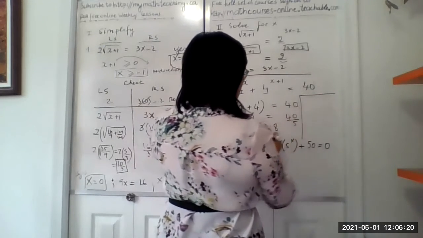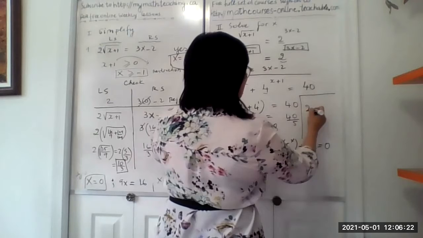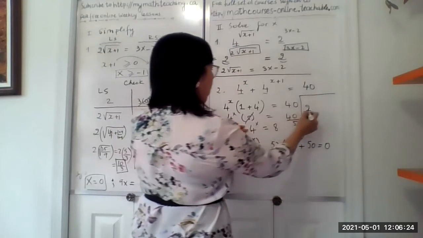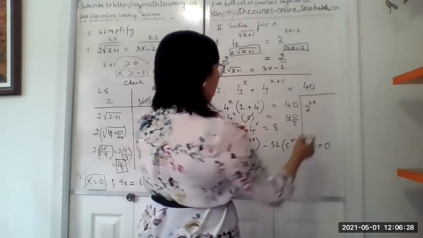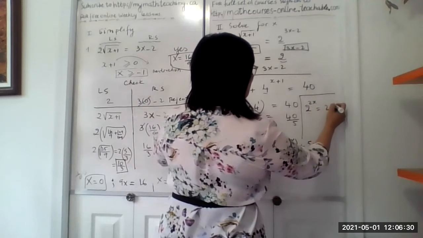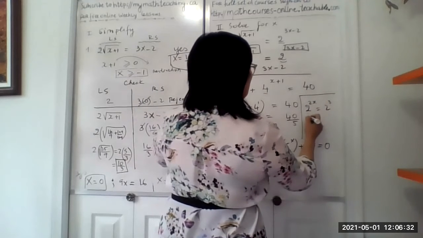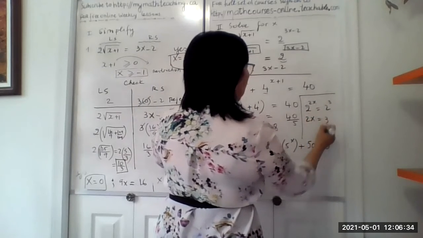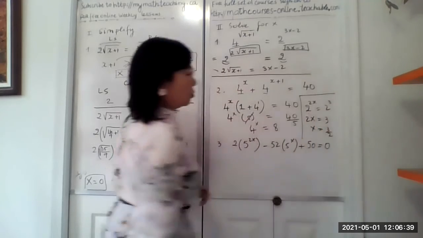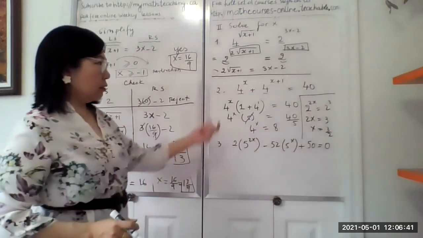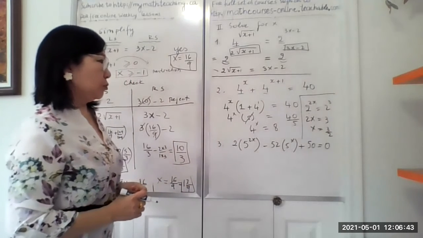So I'm going to turn them into the same base. I change this into base 2: 2 to the power 2x equals 2 to the power 3. So 2x equals 3, and x equals 3 divided by 2. And that is our answer for question 2.